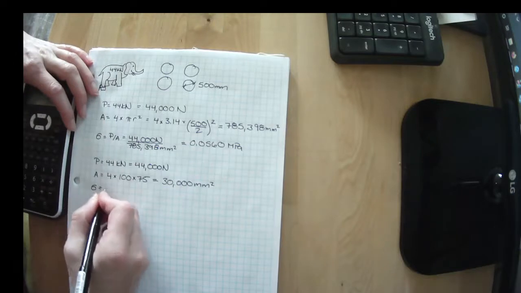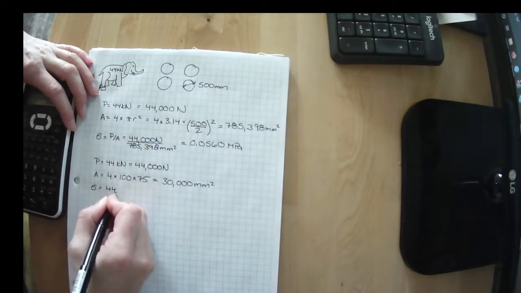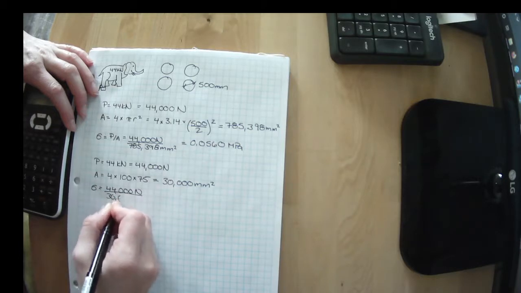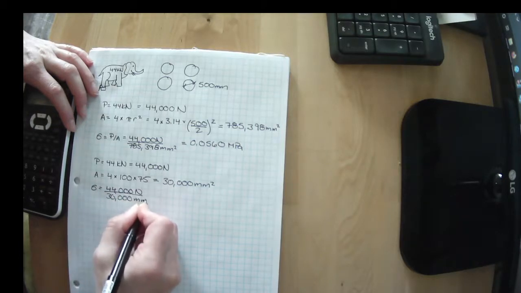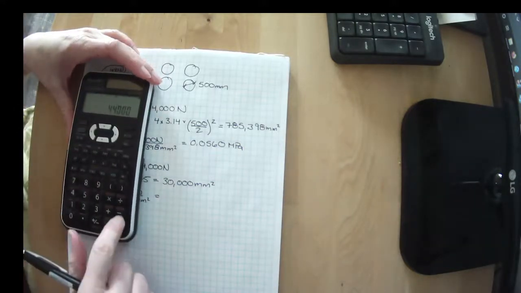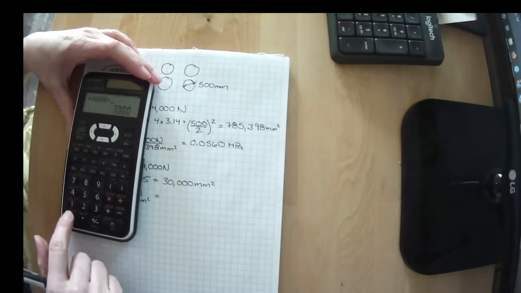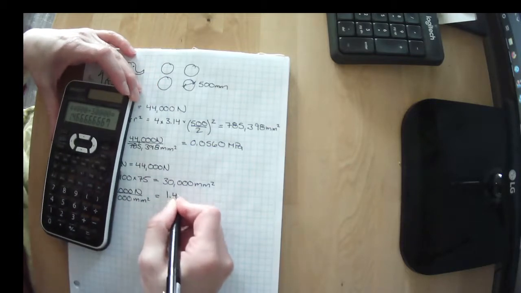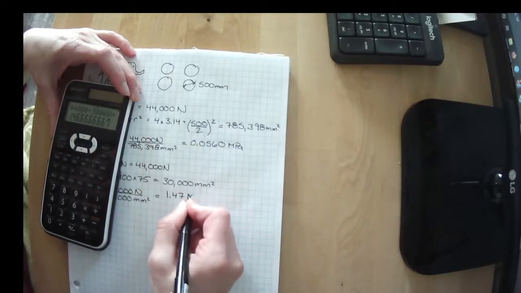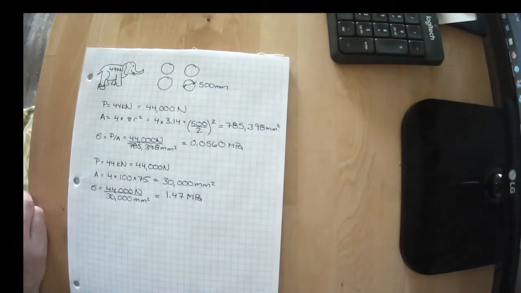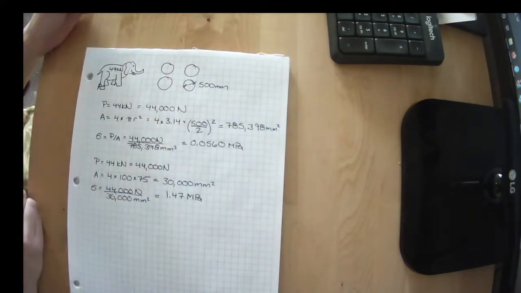So the elephant in heels is going to be 44,000 divided by 30,000 millimeters squared, and we get a stress of 1.47 MPa. It makes sense that that elephant wearing the same shoes I was would have a much higher stress on the ground.